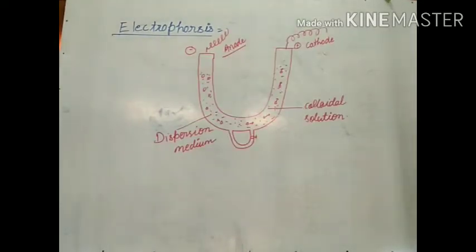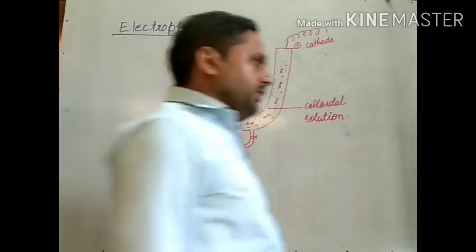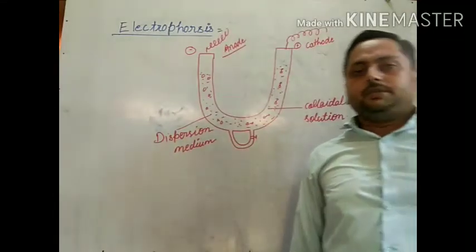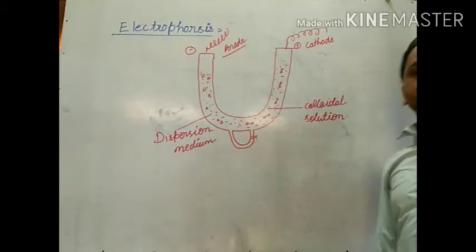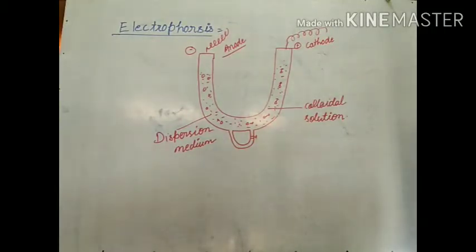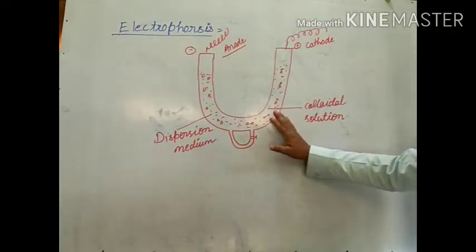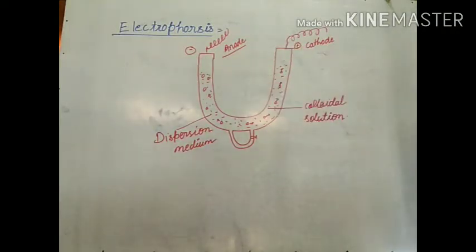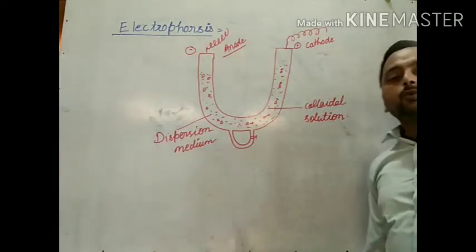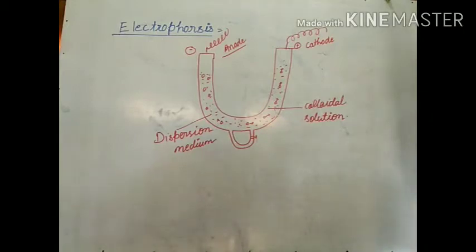We have already discussed that colloidal particles carry either a positive or a negative charge. When the colloidal solution is filled in this and two electrodes are applied and connected, it has been observed that the colloidal particles move towards the oppositely charged electrode.